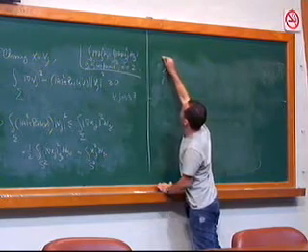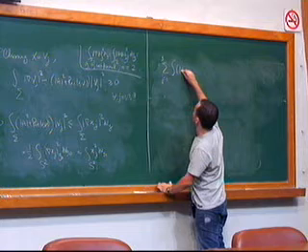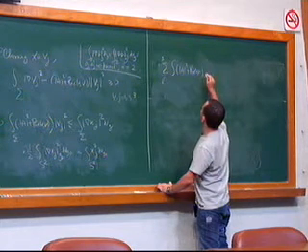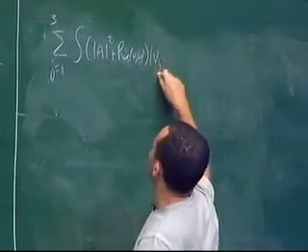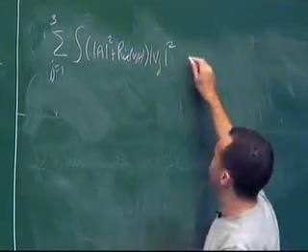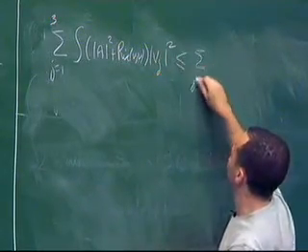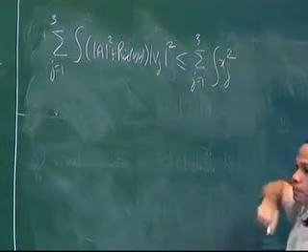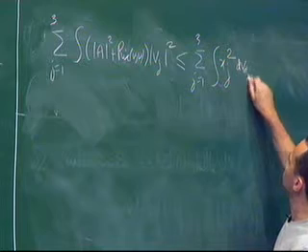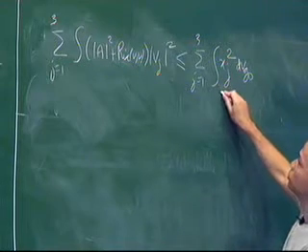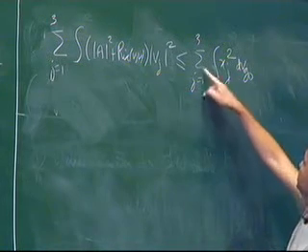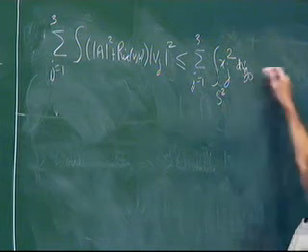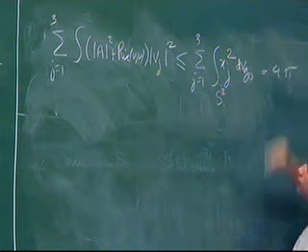I get A squared plus Ricci of nu times this guy is less than or equal to the sum of xj squared dv G naught over S2. But the sum of the squares is 1, so I get the area of the round sphere, which is 4 pi.